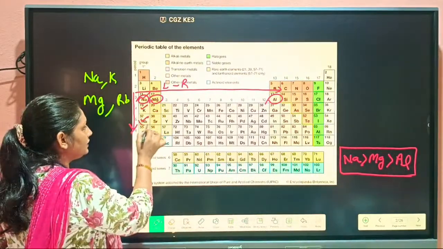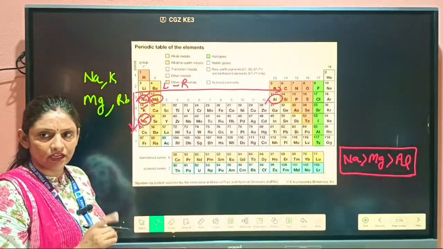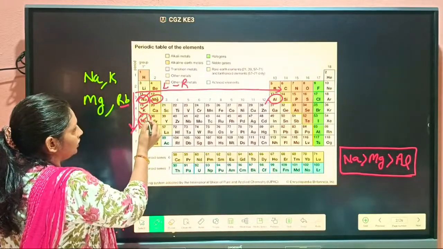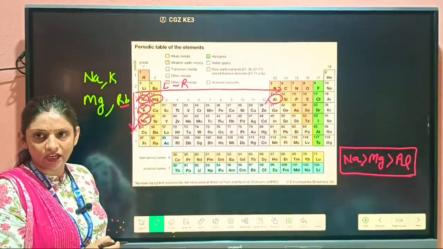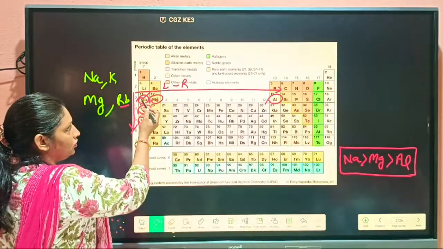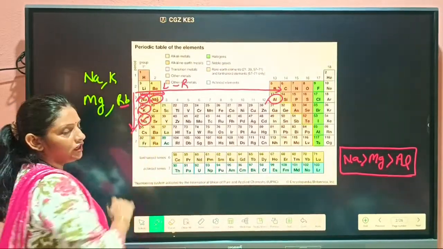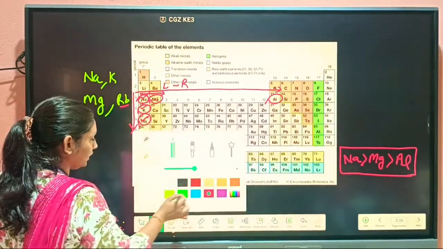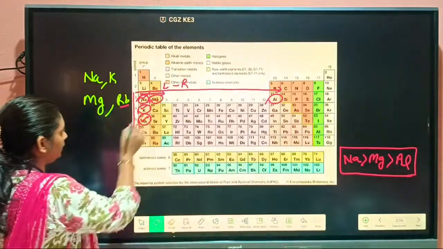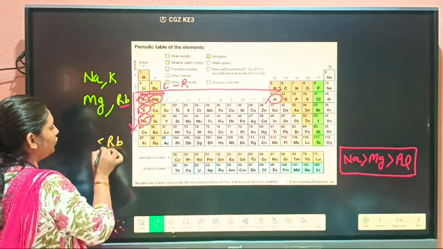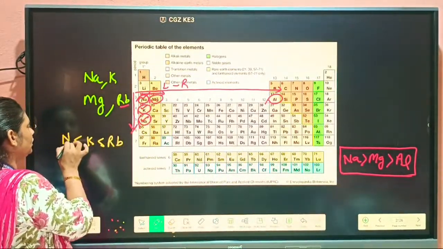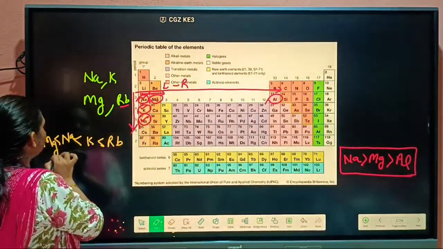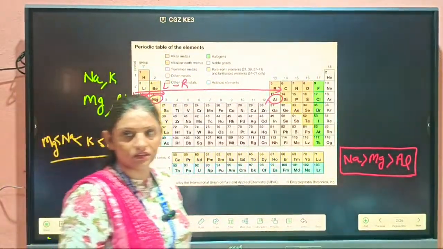So rubidium has the greatest size, then after rubidium, potassium. And in between these, when we move left to right, size decreases. So the order of size will be rubidium, then potassium, sodium, and then magnesium.